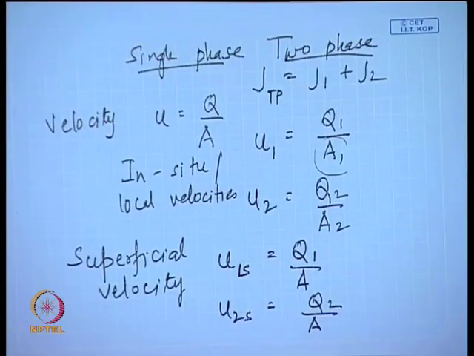So, you can very well observe, just by adding one particular phase in the flow passage, we landed up with 4 definitions of velocity in place of the single definition which we had for single phase flows.